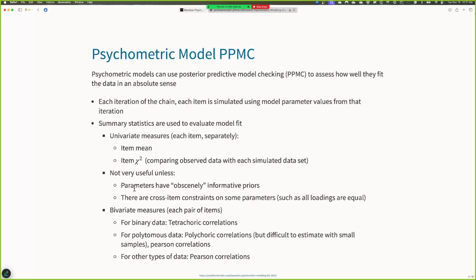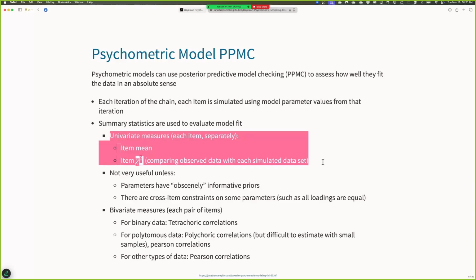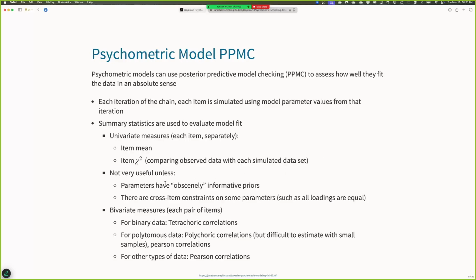I will say that these statistics aren't super useful in most cases unless you have really informative priors, and I say obscenely informative priors. You can imagine what's happening if you put a prior distribution that's too strong on item thresholds.